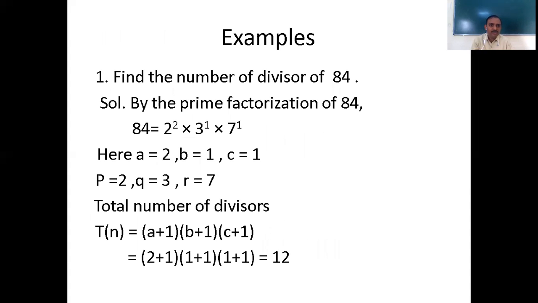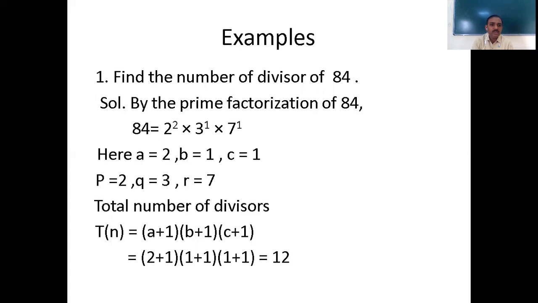Example: find the number of divisors of 84. Solution: by the prime factorization of 84, we get 84 is equal to 2 raised to 2 into 3 raised to 1 into 7 raised to 1. Here, as we have seen, A is equal to 2, B is equal to 1, C is equal to 1.